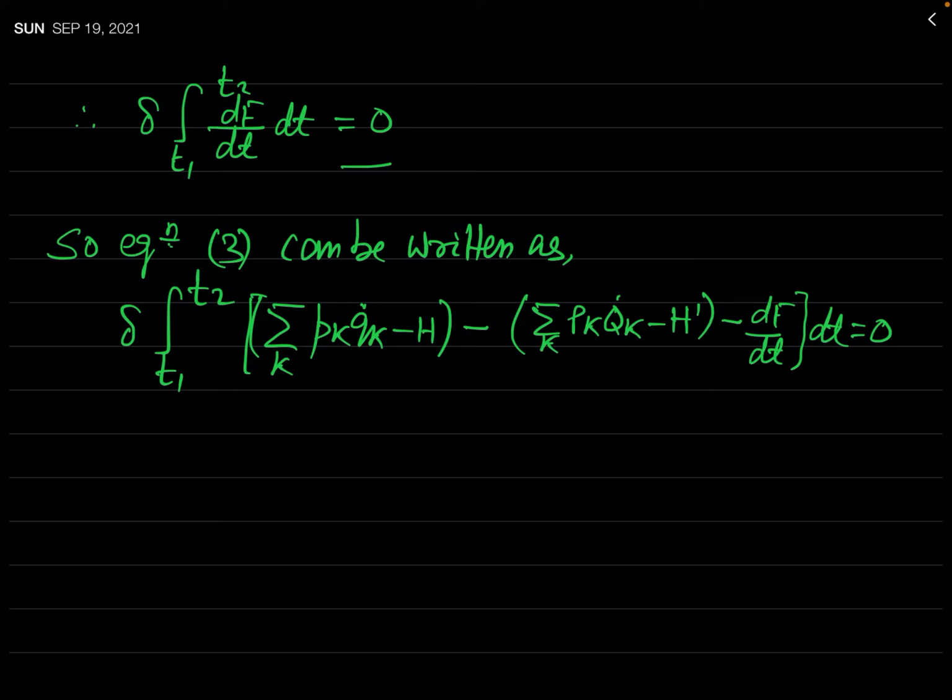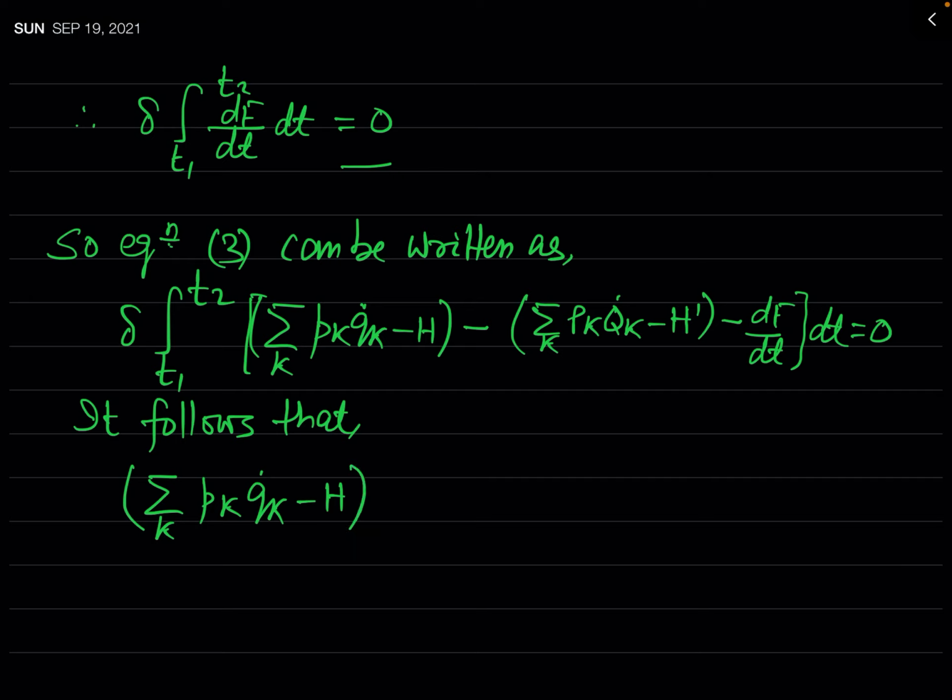So you can say that it follows that summation over k pk qk dot minus h, and minus summation over k capital Pk capital Qk dot minus H prime, and minus df by dt, this is equal to 0.